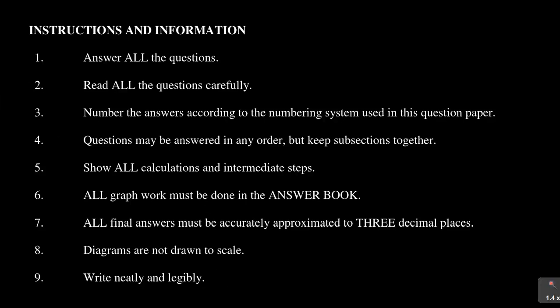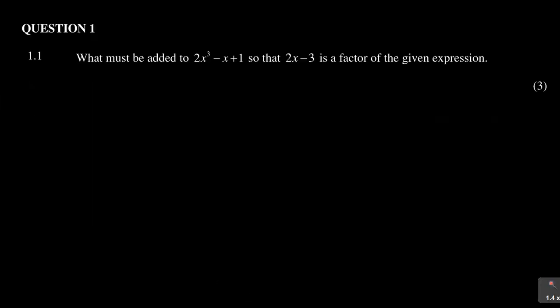So let us look now at this particular question. We are starting with question 1, question 1.1. The first question was out of 3 marks, and it said what must be added to 2x cubed minus x plus 1 so that 2x minus 3 is a factor of the given expression.